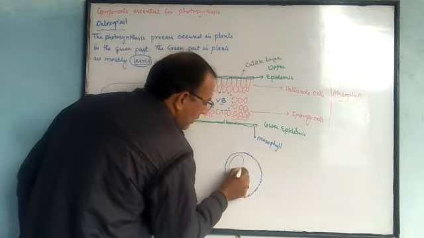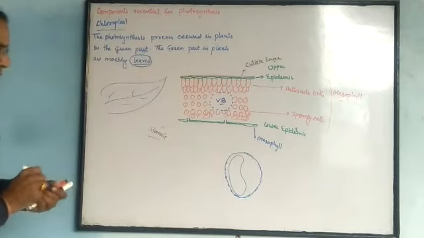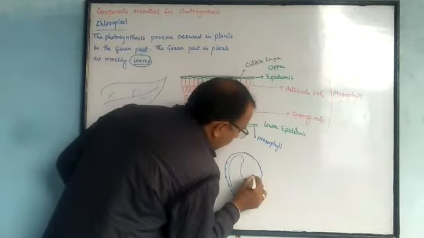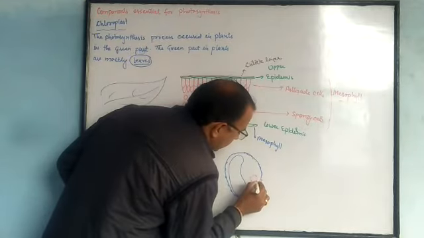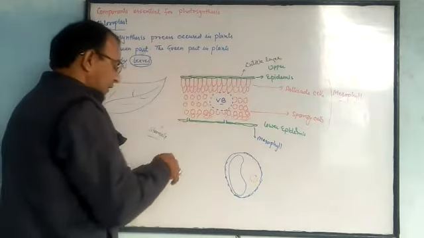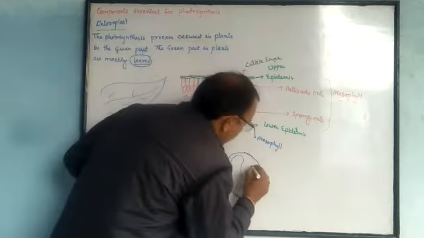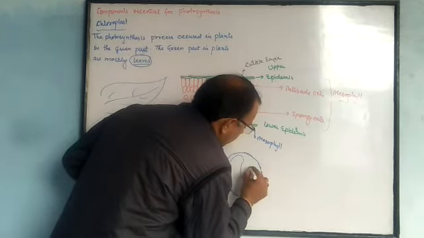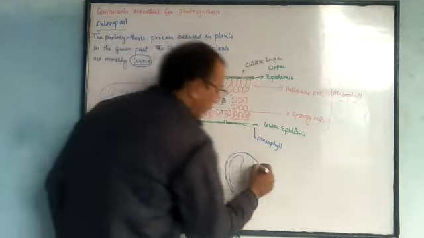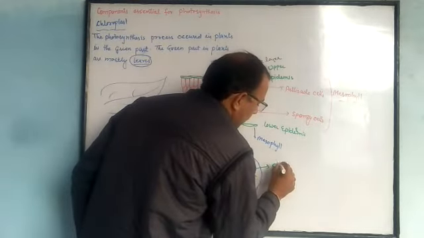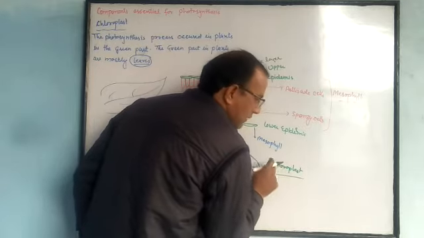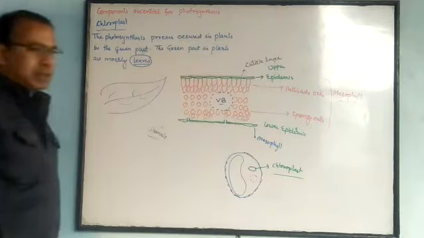The nucleus in plants is mostly covered by the vacuole, and this one contains a small nucleus. Just near the nucleus an oval-shaped structure is present. This oval-shaped structure is known as a chloroplast. We will discuss this part, chloroplast.